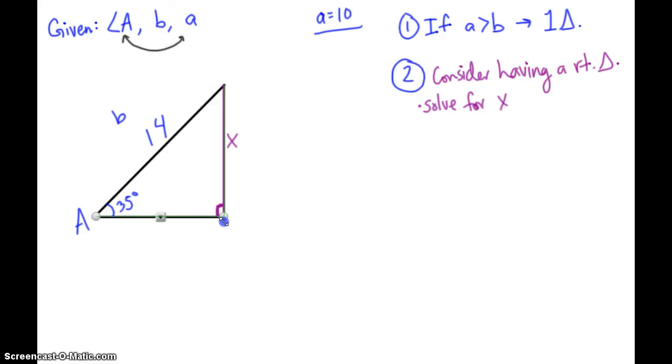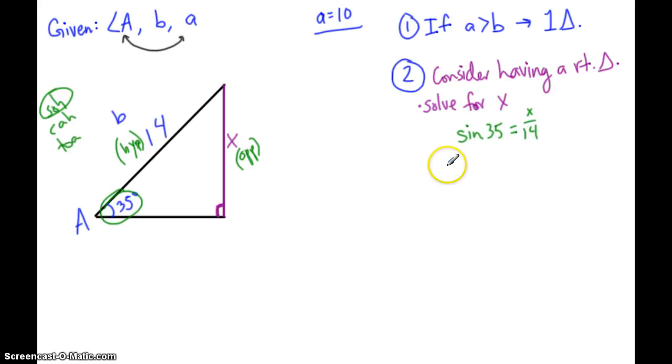And that would be that if this is my triangle, and I know angle A is 35 degrees, I have the hypotenuse of my right triangle, 14, and I have the opposite side, X. So using our trig ratios, the one we want to use that has opposite and hypotenuse is sine. So I would solve for X by doing sine 35 equals X over 14.